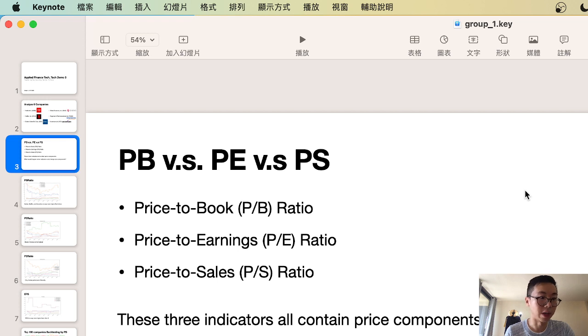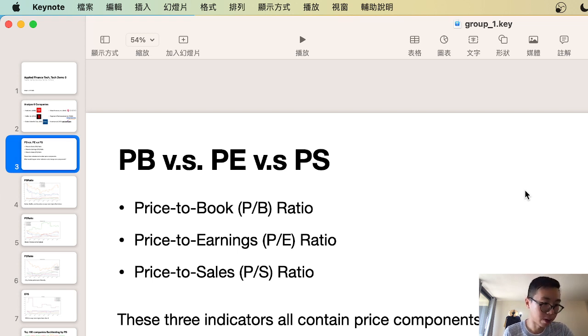And the PE ratio is market value per earnings per share. A high PE ratio suggests that investors are probably expecting higher earnings growth in the future. So I feel like tech companies or biotech companies that are really focusing on the research stage will probably have higher PE ratios.